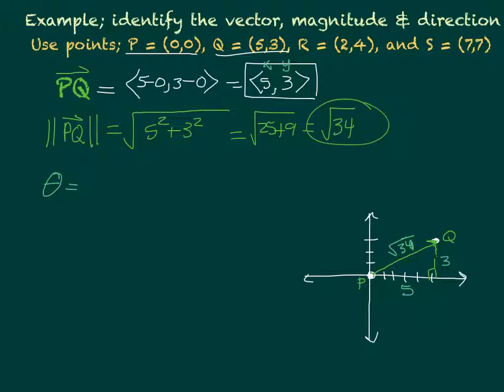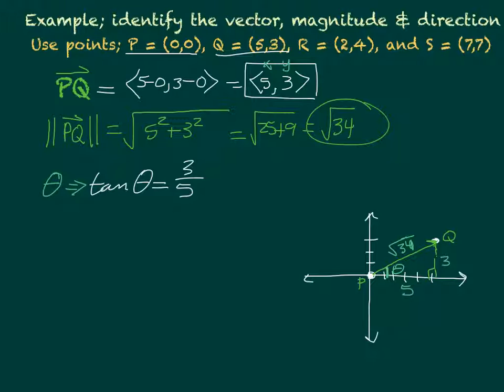So now if I want to find my angle measure, I need to relate my x and my y together. Relate that 5 and the 3. So that would be tangent of theta equals opposite over adjacent.